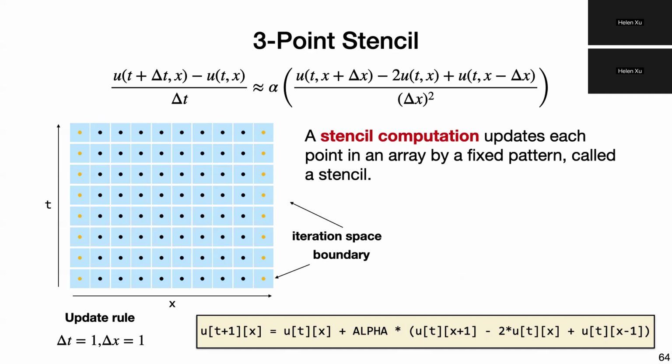And each point in the spatial grid depends on the previous time step and some spatial points around it. So for 1D space, x is the spatial dimension, t is the time, and we're moving up through time. We want to compute the temperature at every x point over time. So we're moving this way.